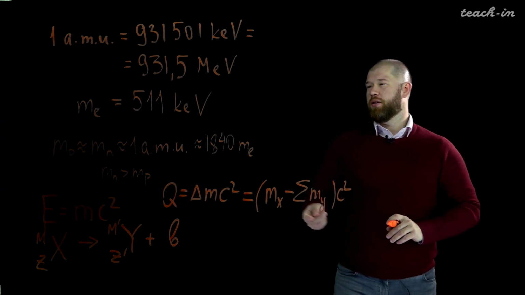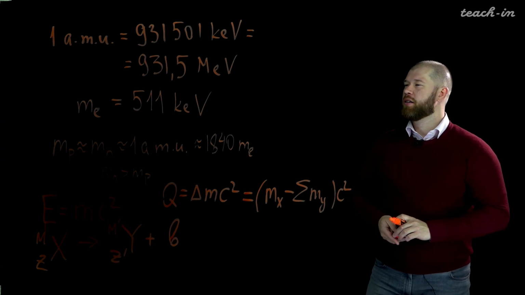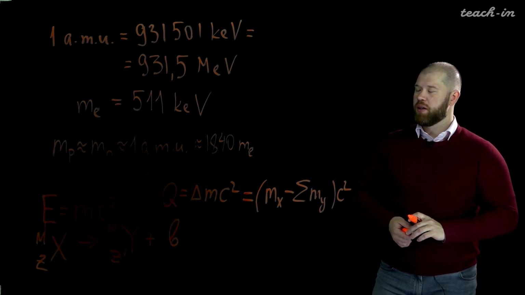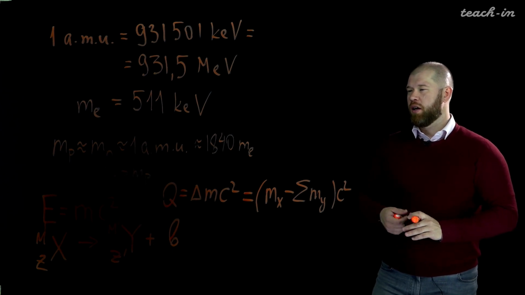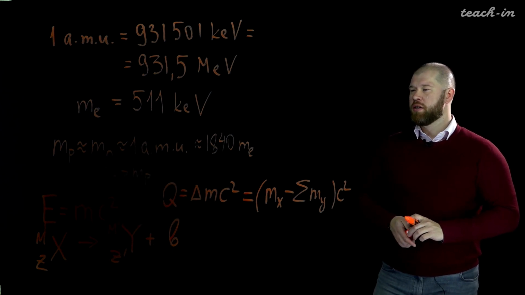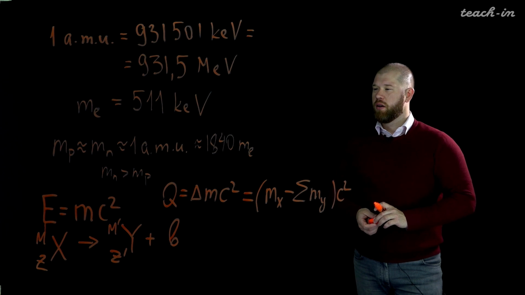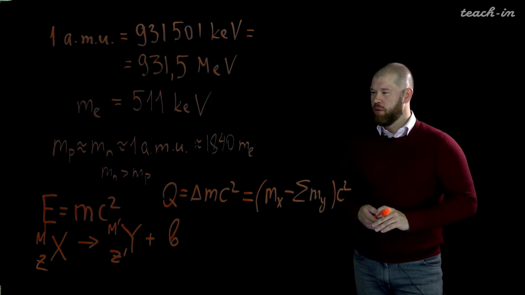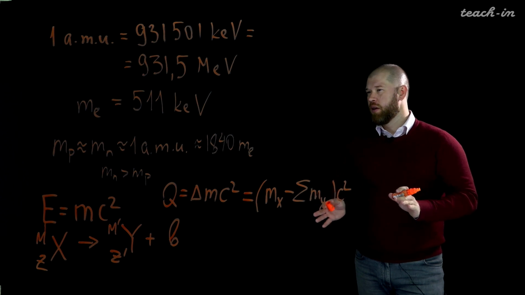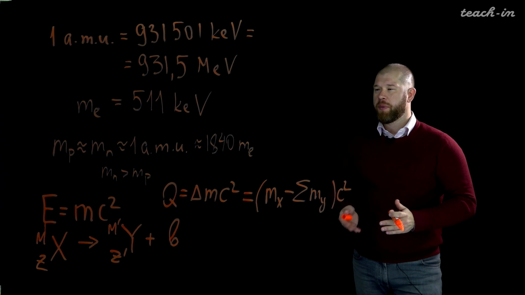So we can see that the electron is very tiny particles, very light particles, and in many equations that we will use later, we can neglect it, but not in all cases. We will see it from our experience. So now it is about the energetics of nuclear decay.